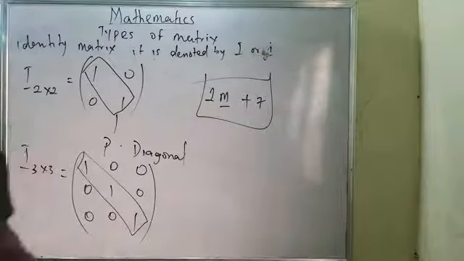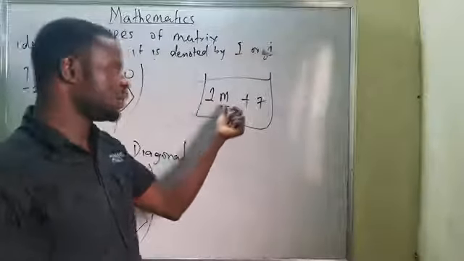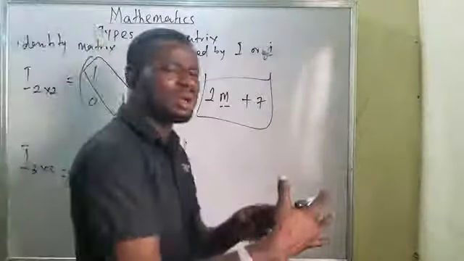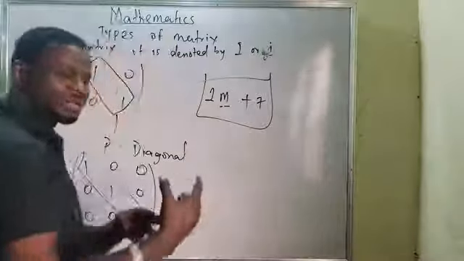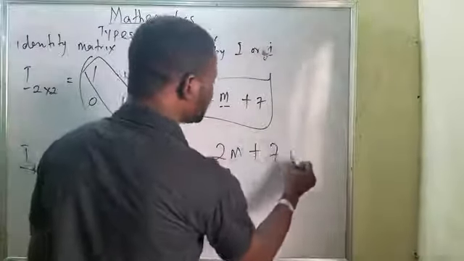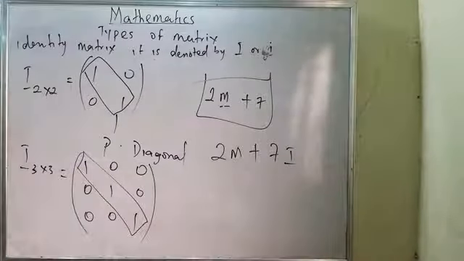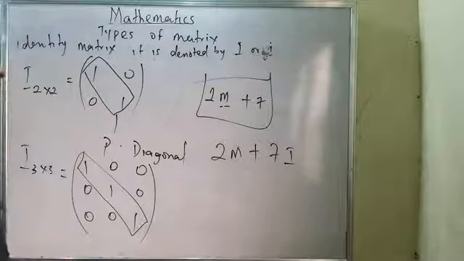Because there's no way you add a matrix plus a scalar, you have to make all of them matrices of the same order by having 2M plus 7I. At this point, it is now becoming a very good problem to solve. Please take note of that.